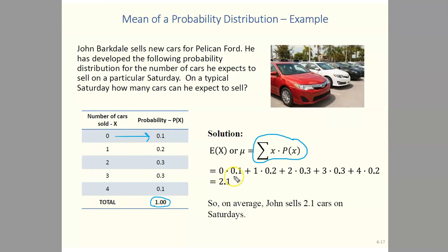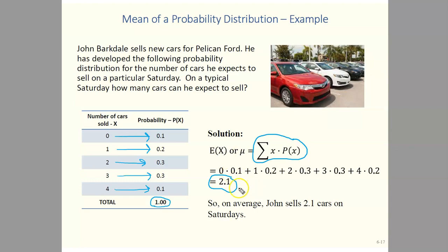So we go 0 times 0.1, 1 times 0.2, 2 times 0.3, 3 times 0.3, 4 times 0.1. That's what we have written right over here. When we evaluate this quantity, we get 2.1. So on average, John sells 2.1 cars on Saturdays.